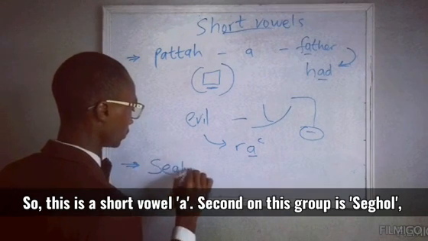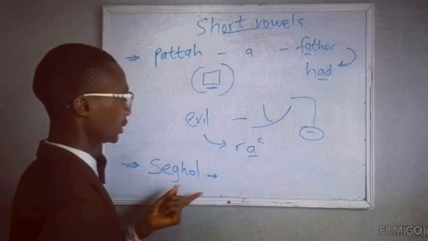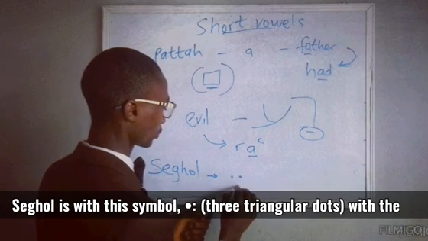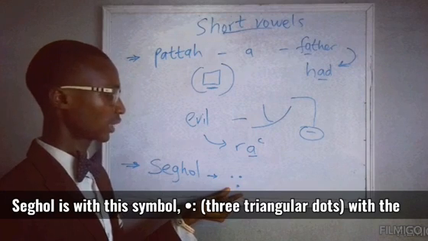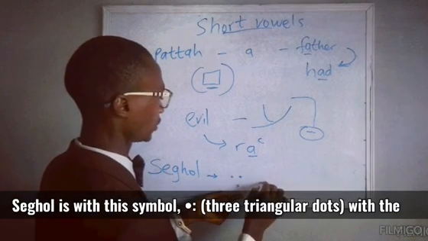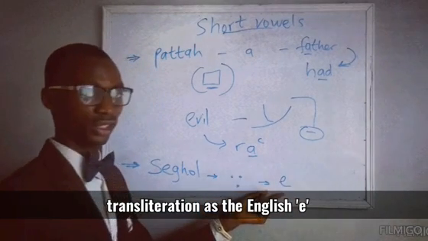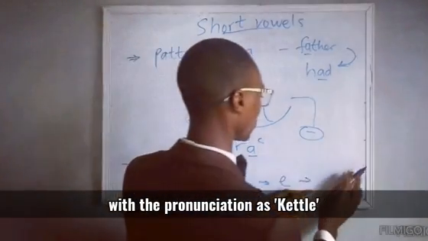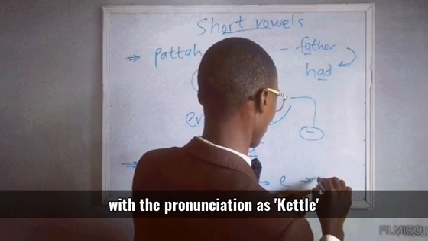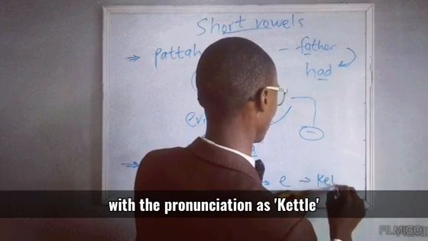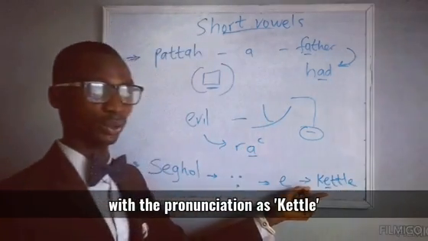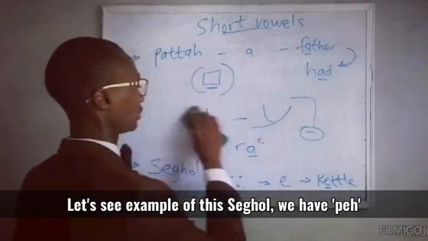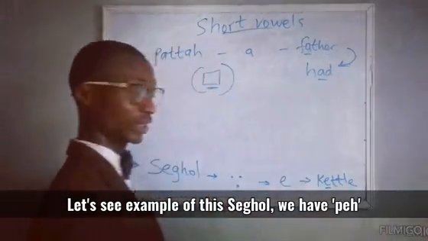Now we have the second in this group, Segol. That's the full name, Segol, and it has this symbol, three dots, like a triangle. It has the transliteration as in the English hair. Let's see an example of this Segol.